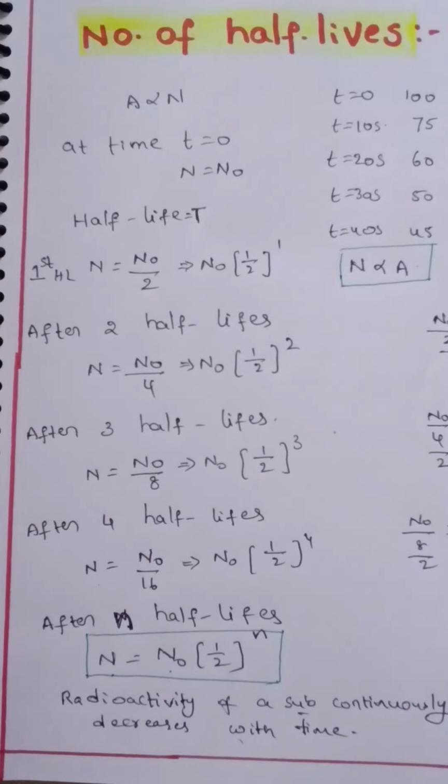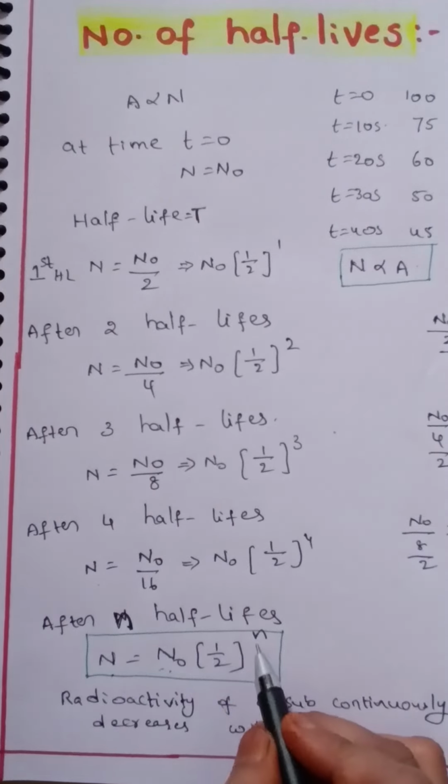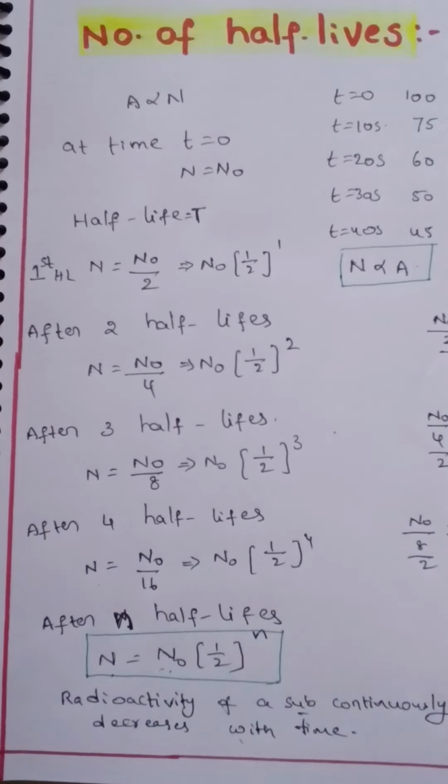And here small n represents the number of half-lives, 1 or 2 or 3 or 4, like that. So once again, N is the number of atoms present at the particular time, N naught is the number of atoms present at the initial time, and this small n is the number of half-lives.